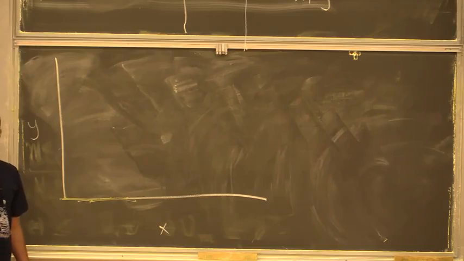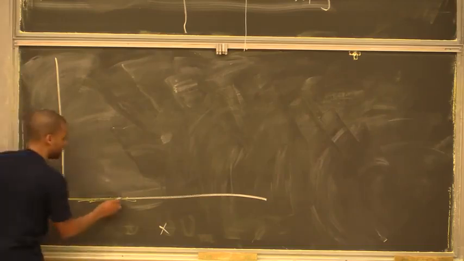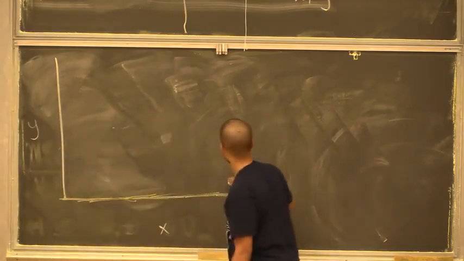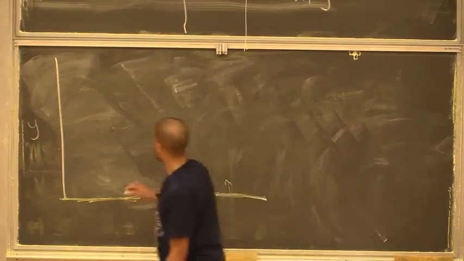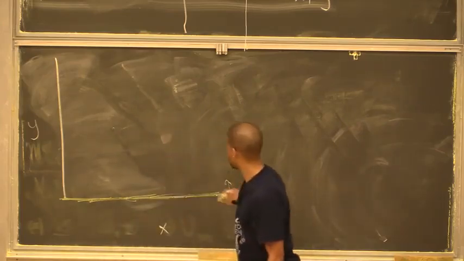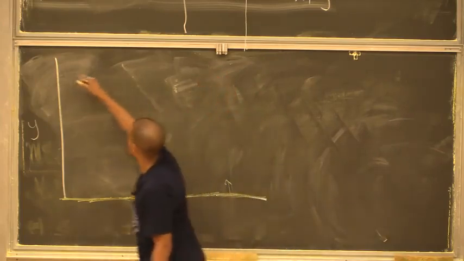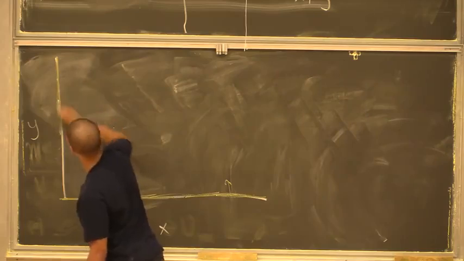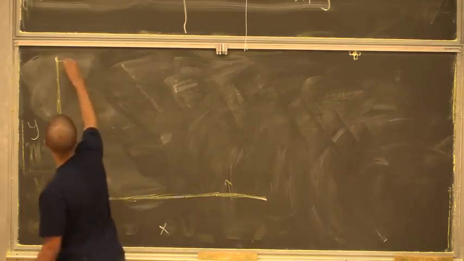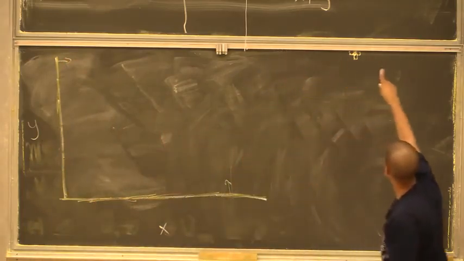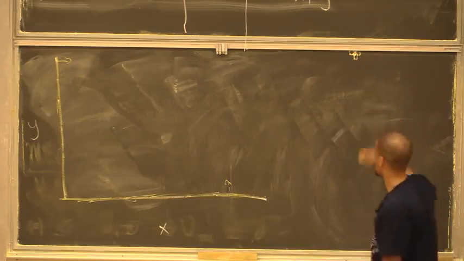So what are the constraints for this point? We need to make sure x is at least 0, which means you have to be on this side of this line. And also that y is greater than or equal to 0, which means you have to be in this half space. You also have the constraint that 2x is at most 10. In other words, x is at most 5.